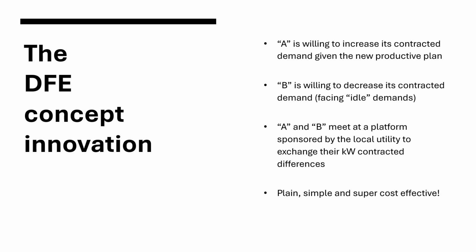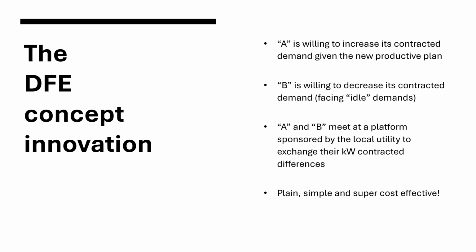Let me give you an example. Let's say that an industrial A is willing to increase its contracted demand given the new productive plan. And let's say that this other industrial plant B is willing to decrease its contracted demand because these guys are facing idle demands.